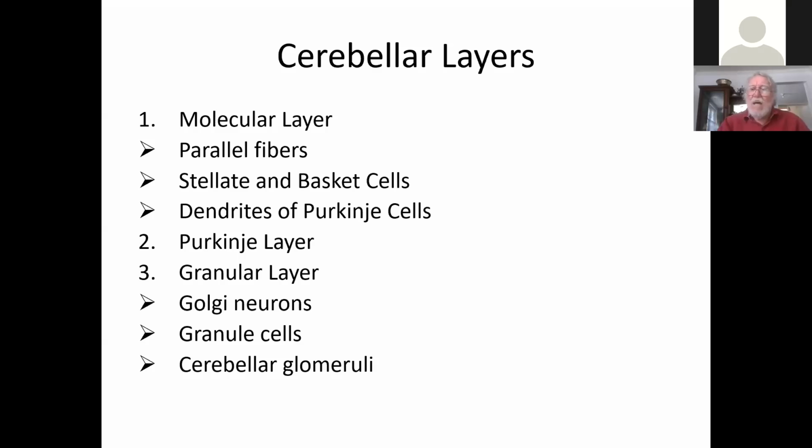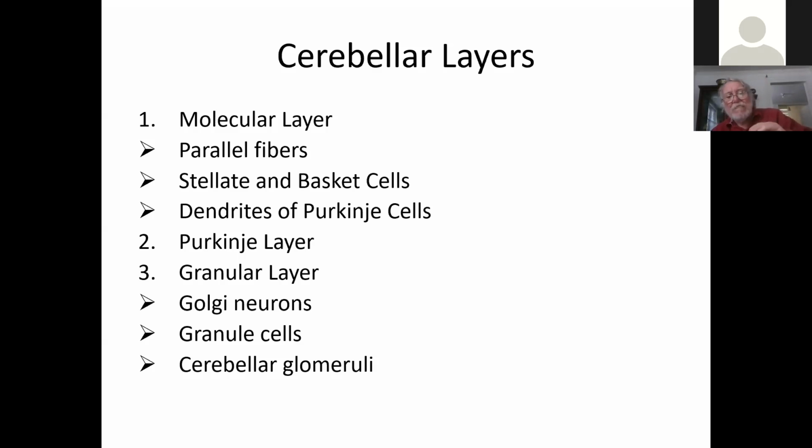And what those cells do is go up and synapse in layer 3 on the Golgi neurons and the cerebellar glomeruli of the granular layer of the cerebellum. And what those Mossy fibers then do is modulate the activity of the Golgi neurons and cerebellar glomeruli.